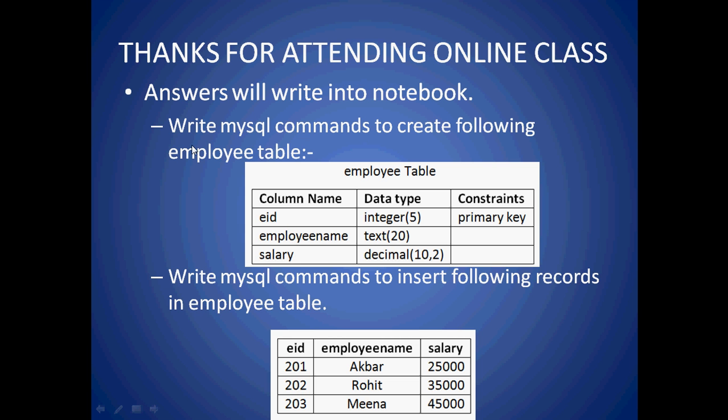After writing the answer to the first question, our second question is: write a MySQL command to insert the following records in the employee table. EID, employee name, salary: 201 Akbar 25,000, 202 Rohit 35,000, 203 Meena 45,000. So you can write the MySQL command for this data.